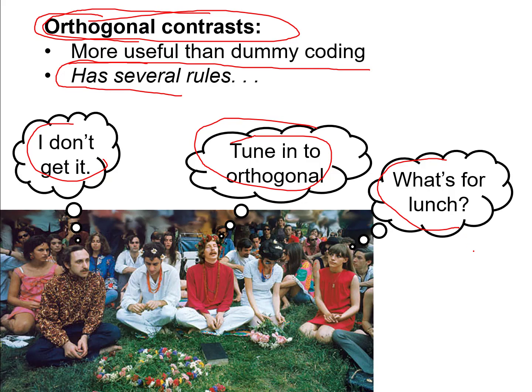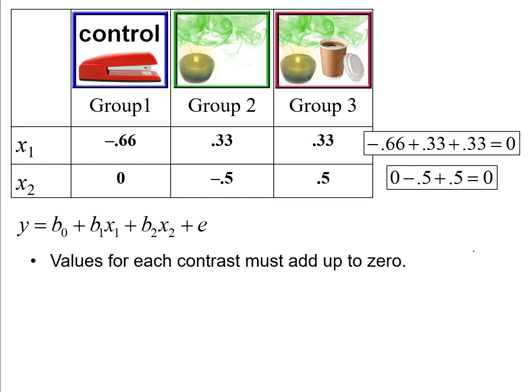So anyway, let's look at what the rules are for doing orthogonal contrasts, and then what we get when we do them. The first rule is that when you assign values to people based on group membership, the values you assign for the contrast have to add up to 0. That's what I did in this example.